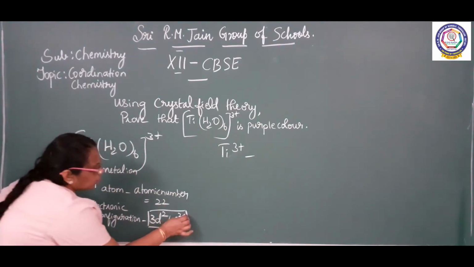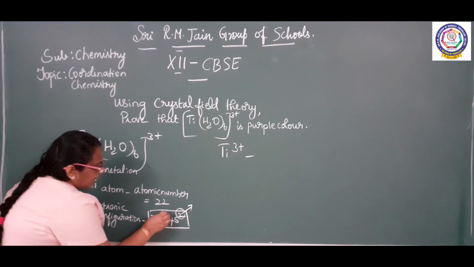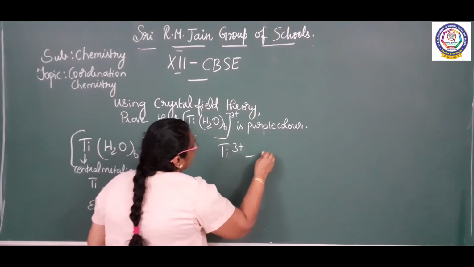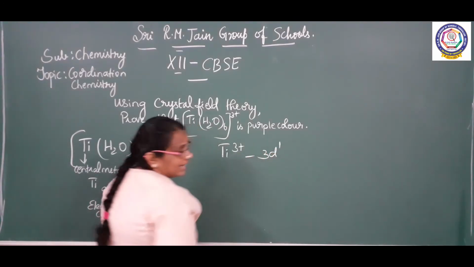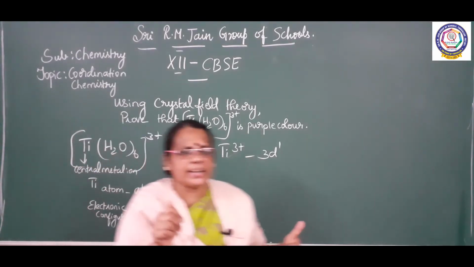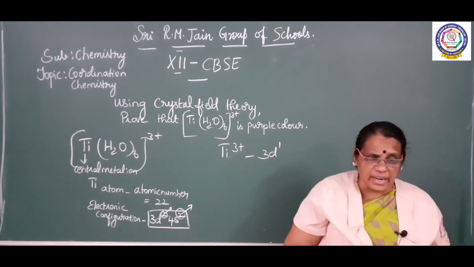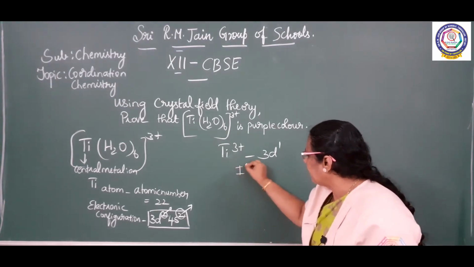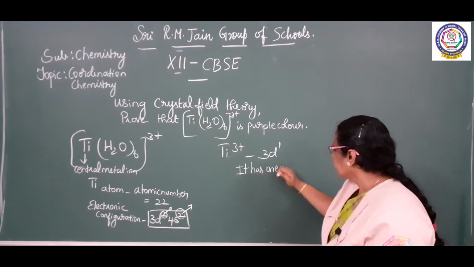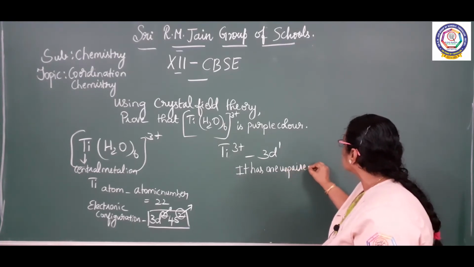Two electrons it loses from the s orbital and one electron from the d orbital. So when it loses 3 electrons, titanium 3+ will have 3d1. See here, it has 1 unpaired electron.